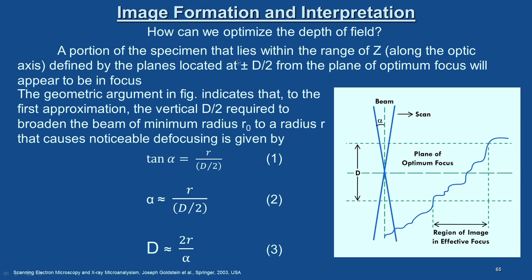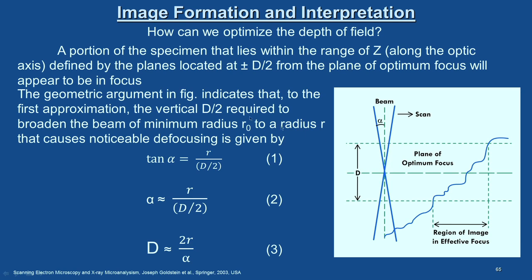A portion of the specimen that lies within the range of Z along the optic axis, defined by the planes located at plus or minus d by 2 from the plane of optimum focus, will appear to be in focus. So, let us assume this is the plane of optimum focus, and this distance is d by 2.